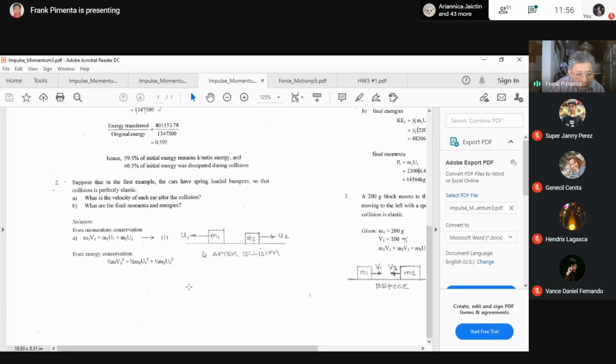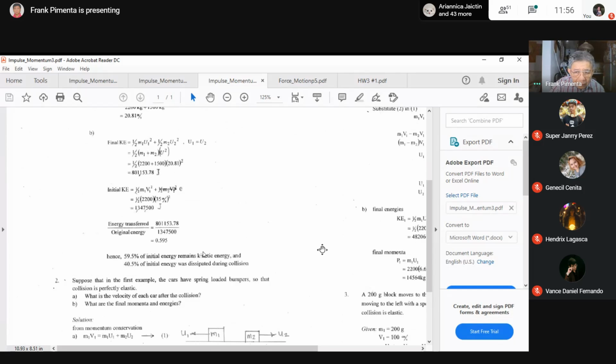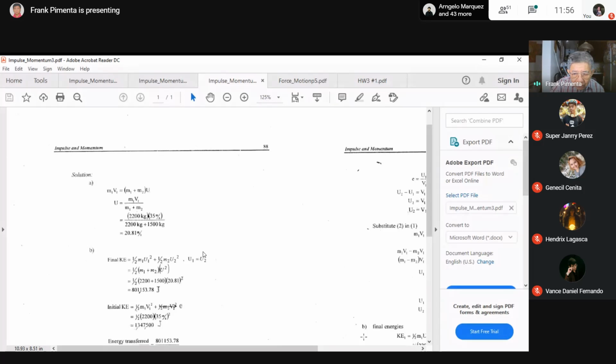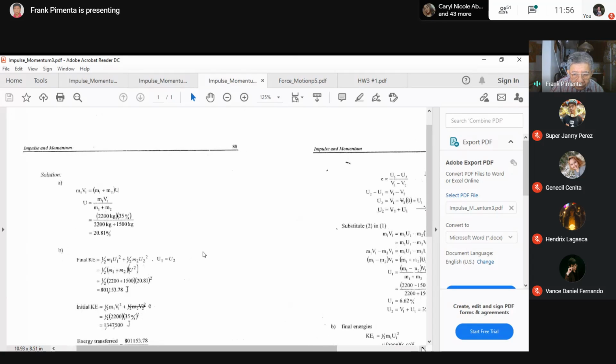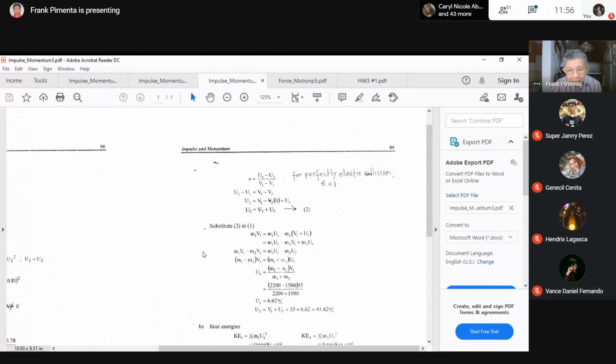Therefore, if we get now the equation of coefficient of restitution, for a perfectly elastic collision, we have e equals 1. If this is equal to 1, by cross multiplication, we have V1 minus V2 equals U2 minus U1.